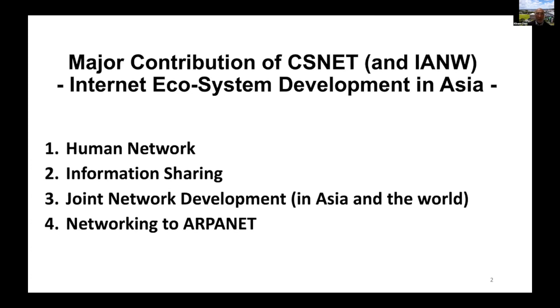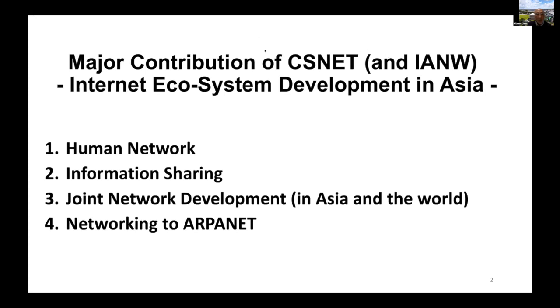Why was internet ecosystem development in Asia very important in the 1980s? In the USA and the UK, you were 10 years ahead of us. You started developing computer networks in the 1970s, and we in the 80s were about 10 years behind the USA and the UK.